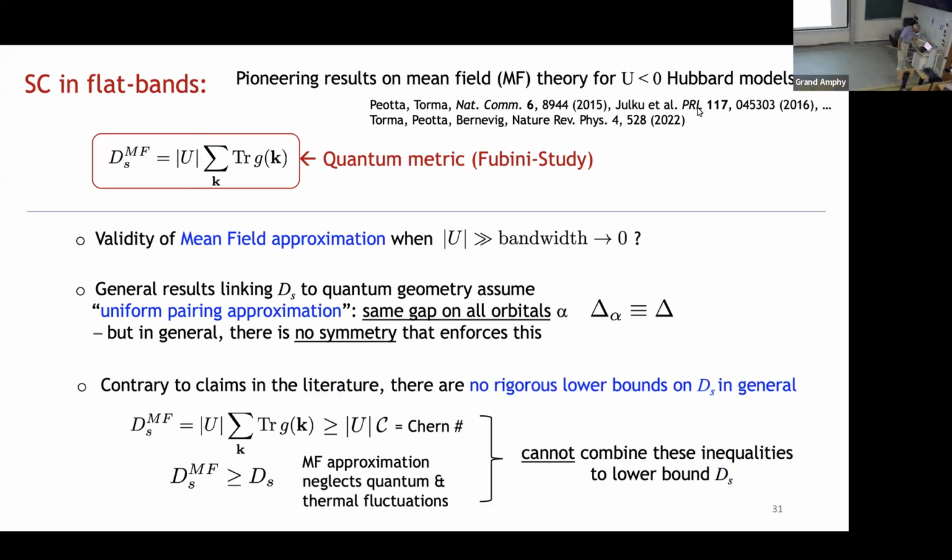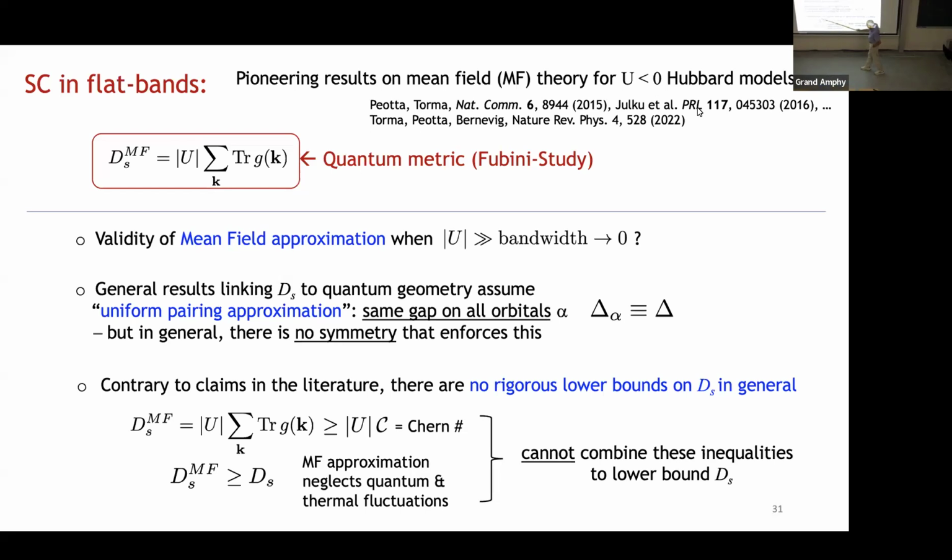And then the final thing is that there are a lot of claims in the literature that you can use this to provide a topological lower bound of the stiffness, and these claims are completely false. So let me explain why, because they're going around a lot.